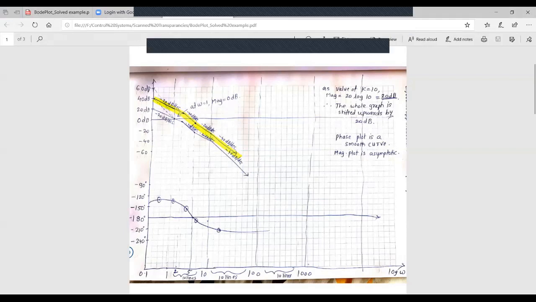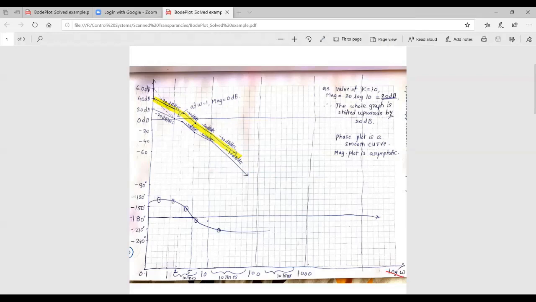Those decades are represented in terms of those partitions in the semi-log paper. So I have randomly partitioned into various decades, and here on the x-axis you can see that the frequency is log of omega. So on the x-axis we have a logarithmic scale. Then each decade will be represented.